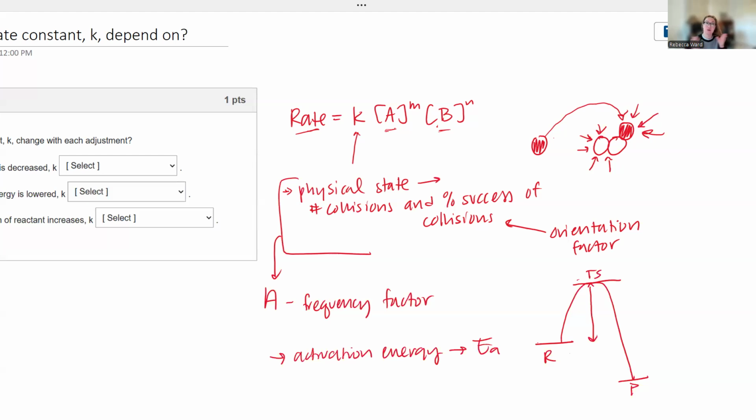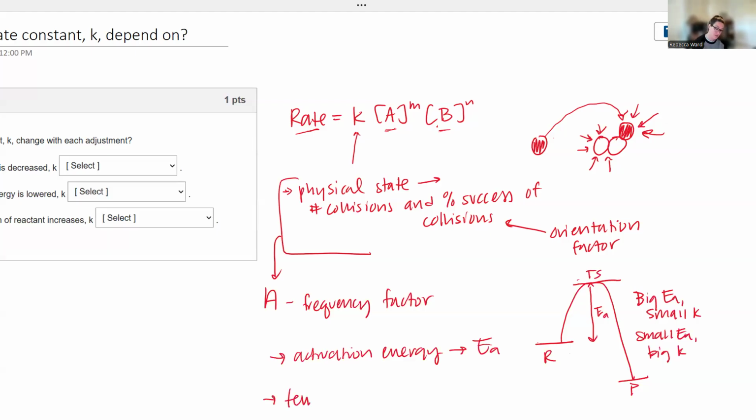You're in this middle ground where nothing is optimized, and so you have a really high energy. That's EA, and K depends on that. That makes sense, since this should impact the rate, so that better be folded into K as well. So big EA, small K, which would mean a smaller or slower rate. A small EA would mean a big K, which would mean a faster rate.